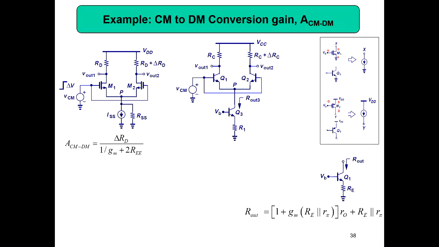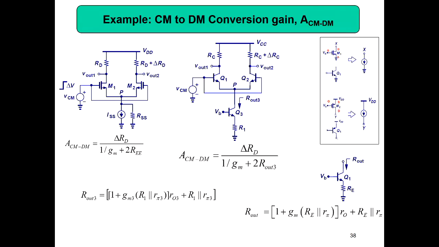Then, when you put this in, what changes here? Delta RD is the same, 1 by GM is the same, but RW now becomes R out 3. ACM DM will become 2 times R out 3, because when you look down from here you see RSS, and now you get R out 3.